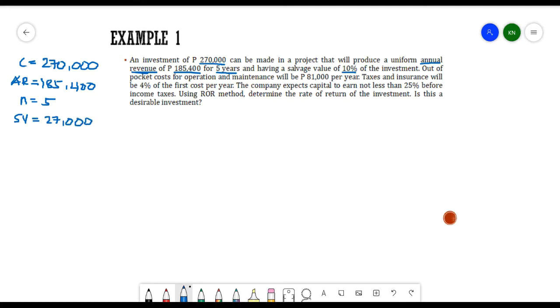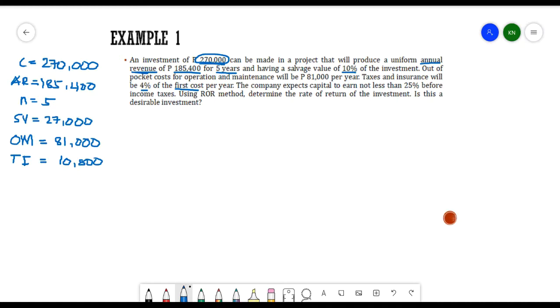And out of pocket cost for operation and maintenance, or OM, is 81,000 per year. And the taxes and insurance, let's just put as TI, that is 4% of the first cost. The first cost is our capital invested. So 4% of 270K is 10,800 pesos.